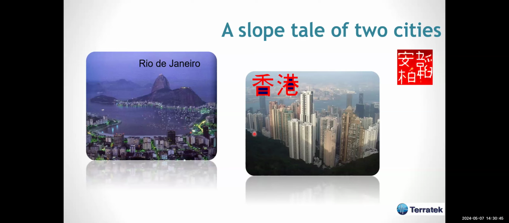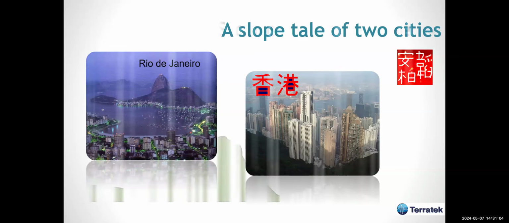So almost the same. Neither Hong Kong nor Rio has a lot of earthquakes, but both have a lot of rainfall. So the problem is rainfall. All these landslides that I'm going to talk about are triggered by rainfall at the end of the summer.